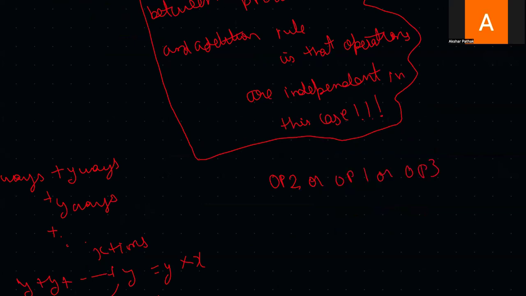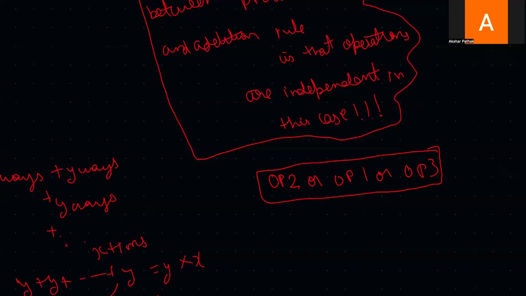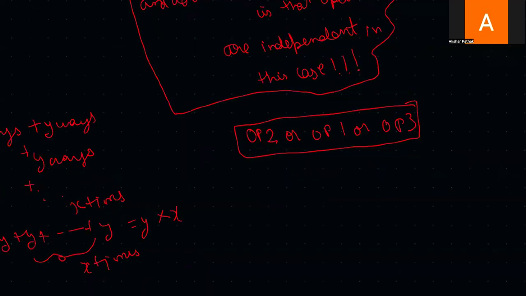Okay, these all are independent. So in how many ways can you perform these operations? If you perform operation 2, then you satisfy the condition of performing either of these three operations.